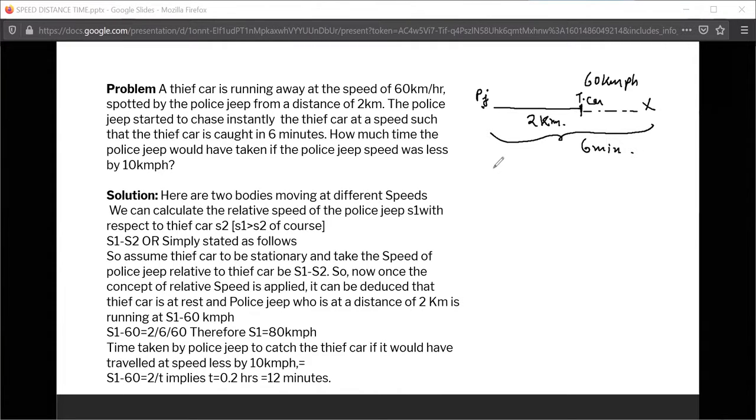So what is the speed of the police with respect to the thief? We don't have the speed of the police car. Let it be x. So the speed of the police car with respect to the thief will be x minus 60.